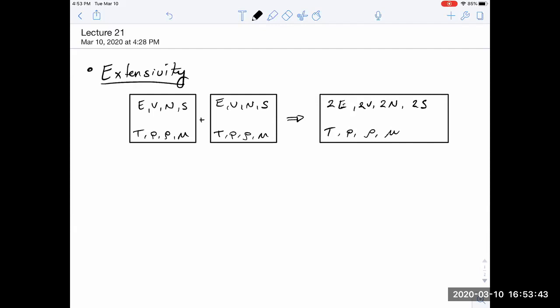So, we've been talking about thermodynamics and the mathematical structure of thermodynamics. One of the most important aspects is the distinction between two classes of variables, so-called extensive variables, of which the energy, volume, number of particles, or entropy are all good examples.